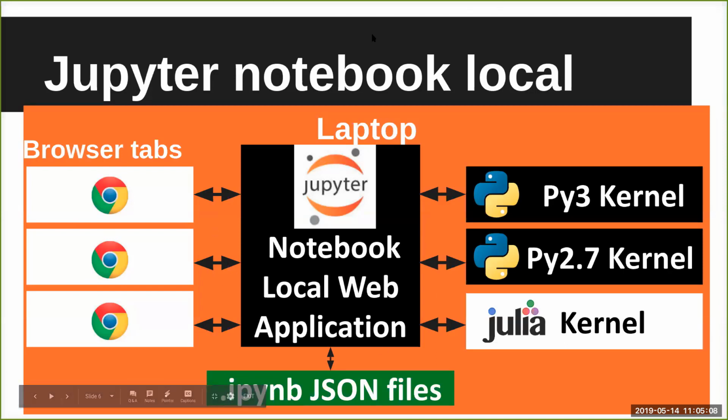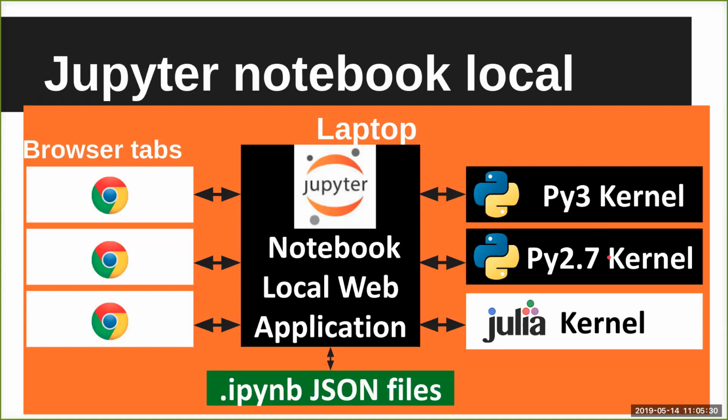Let me get a bigger pointer. Okay, yes. With your browser, you connect to this, and if you're running locally on your laptop, then you have this web application running, and in the backend, all of your computations are actually done by some Python processes, which are normally called kernels.